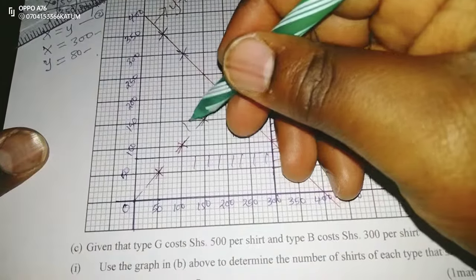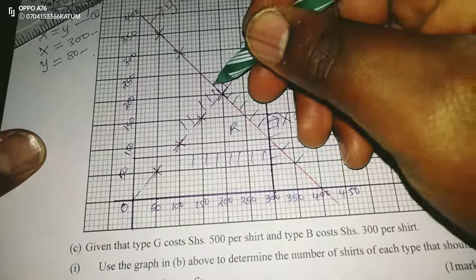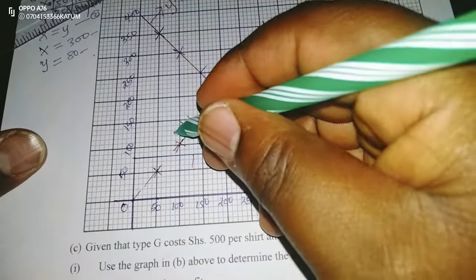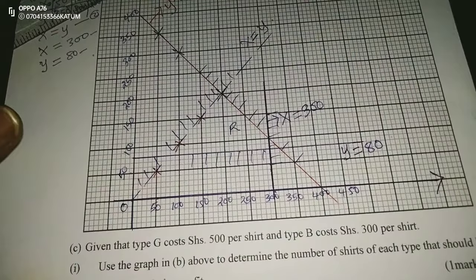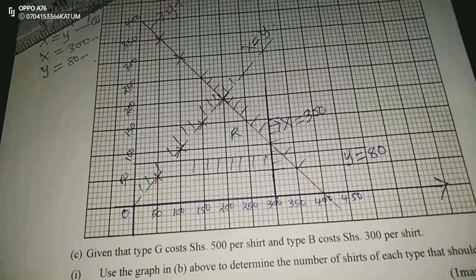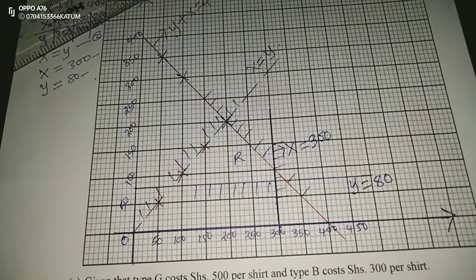And for this one, we are shading this side. This is the side we are shading. Now when we shade like that, we come up with the desired region in such a manner.